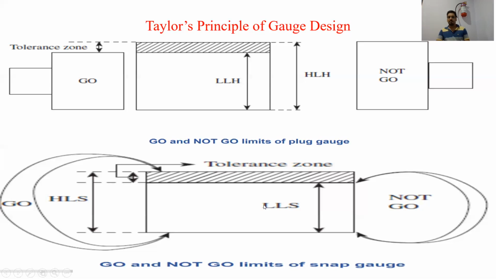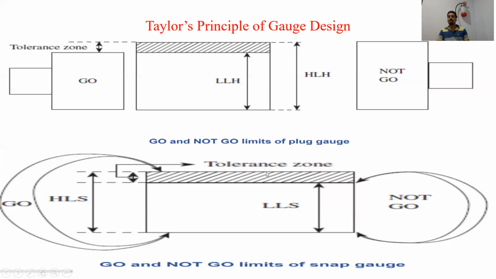But when the shaft is designed below the lower limit of the shaft, it will be rejected, because the go part will enter into the shaft and the no go part also enters into the shaft.